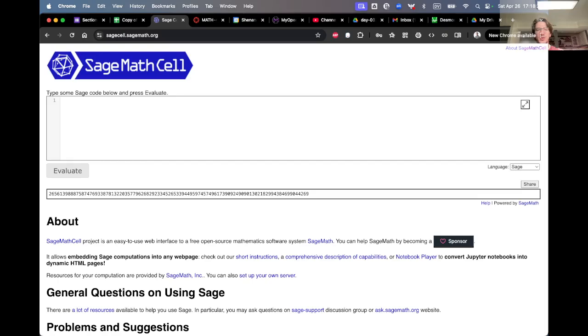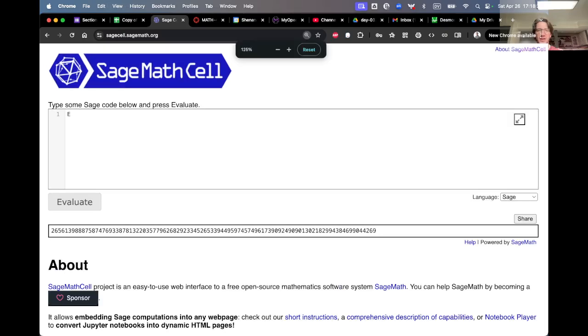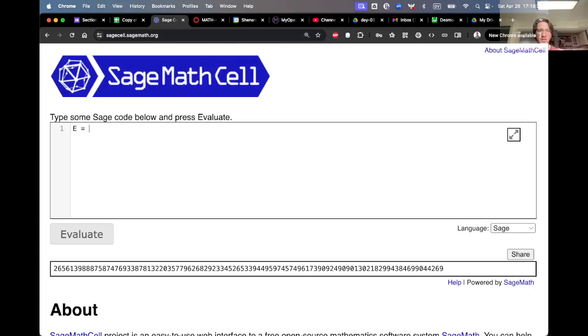So what I'm going to do is define an elliptic curve in this cell. So E equals EllipticCurve, and let's look at an elliptic curve over the GF(p) for p is 7, I don't know, with coefficients 1 and 1.